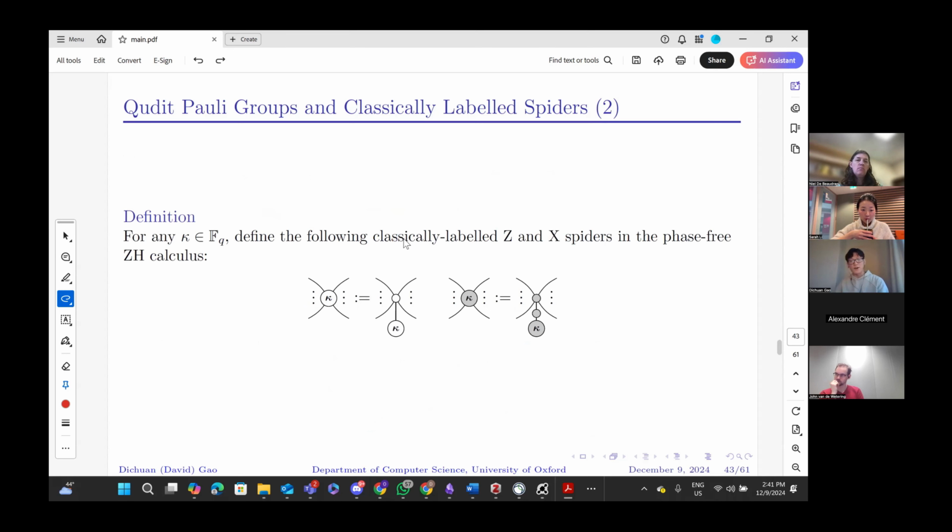I introduce the following syntactic sugar, where if you take a many-legged Z or X spider, and then attach to it one of those lollipop states that we defined earlier, where kappa is any Galois field element, then I will just shorthand it as a Z or X spider with kappa labeled on it. These are basically the same thing as the ZX spiders with pi labels on them, or integer multiples of pi labels on them.